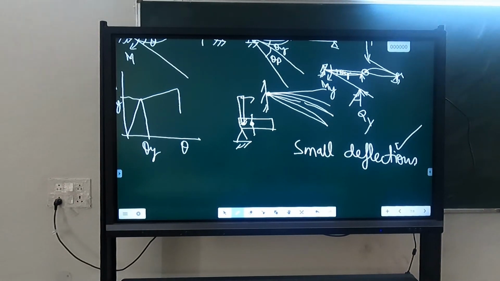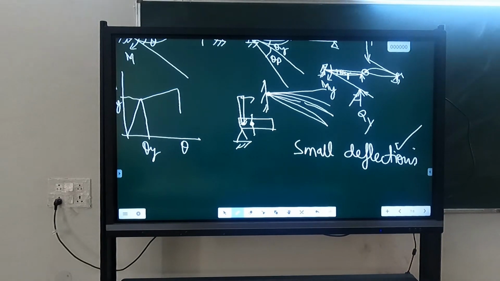And we have ignored axial force, and we have considered the bending moment due to vertical load as if it is acting perpendicular to the member. So that is based on this assumption. If deflections are not really small, then we can't do this. Then we should take component of the vertical force perpendicular to the beam to cause it.